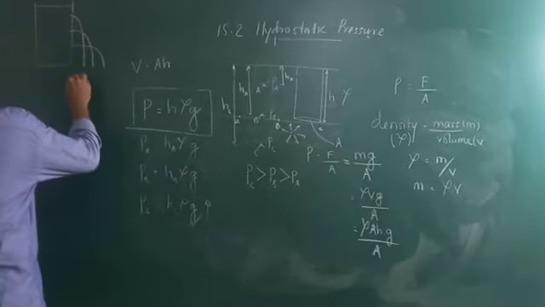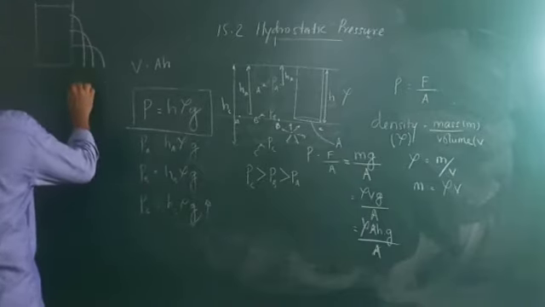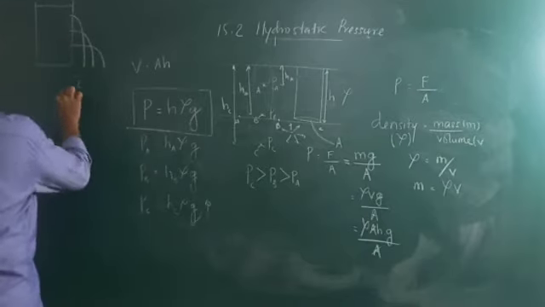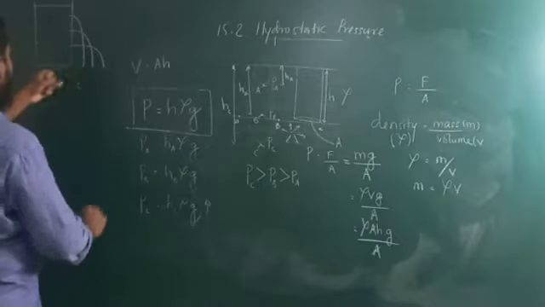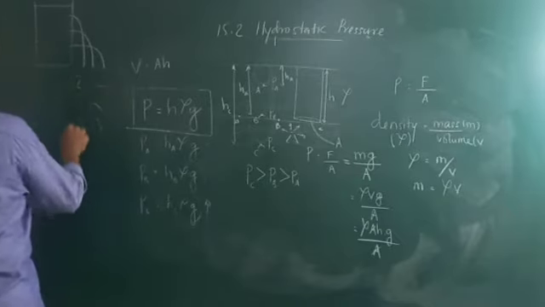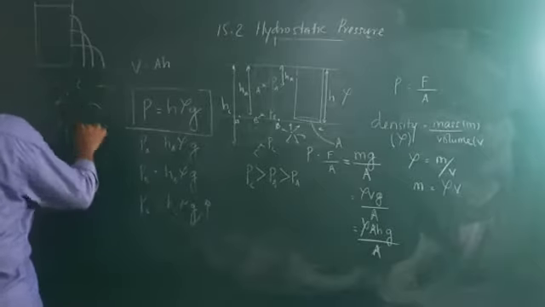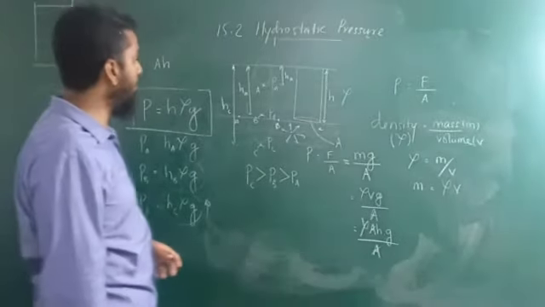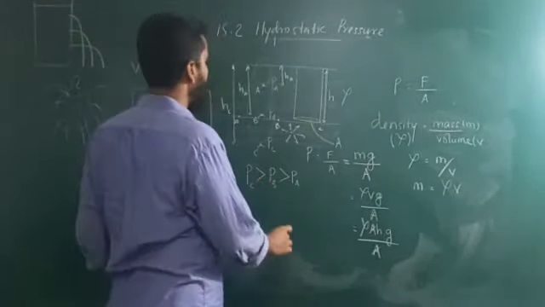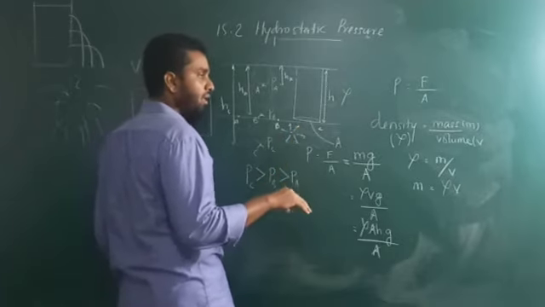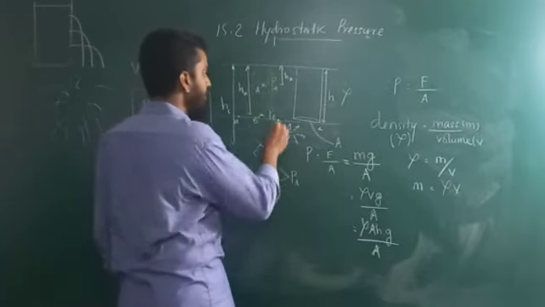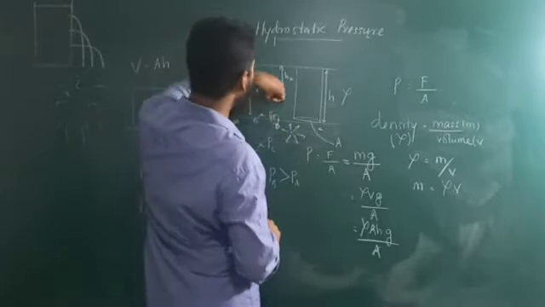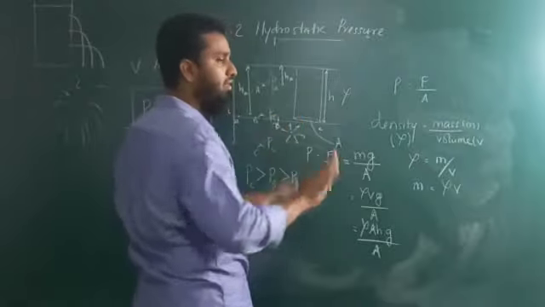The second thing: if you take some water inside a bag with holes and press it, in all the directions the water is going to come out. Then if you go inside the liquid, there are some instruments to measure the liquid pressure. If you keep the instrument somewhere here, the pressure in this direction is going to be equal to this direction and this direction, all the directions.